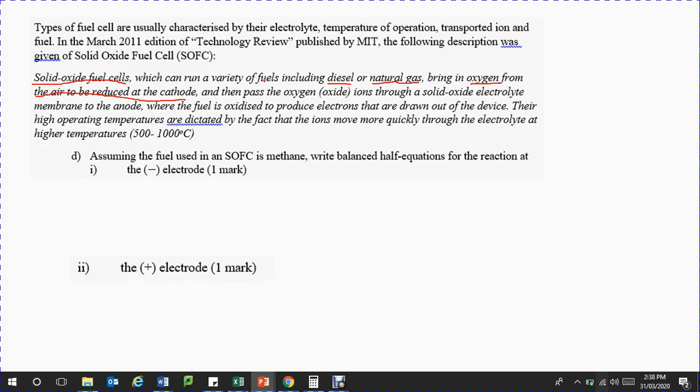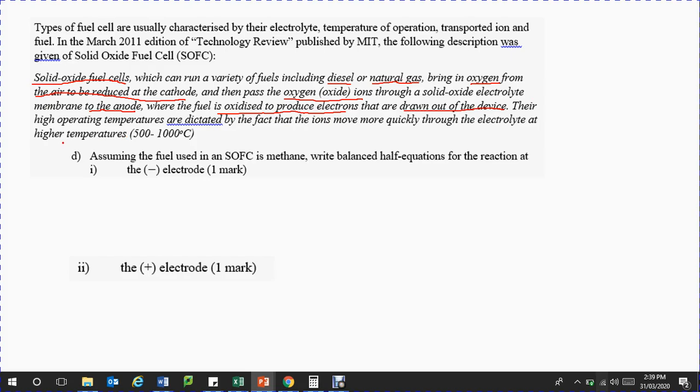So that's telling me that oxygen is coming in at the cathode and being reduced. Then the oxide ions pass through a solid oxide electrolyte membrane to the anode, where the fuel is oxidized to produce electrons that are drawn out of the device.